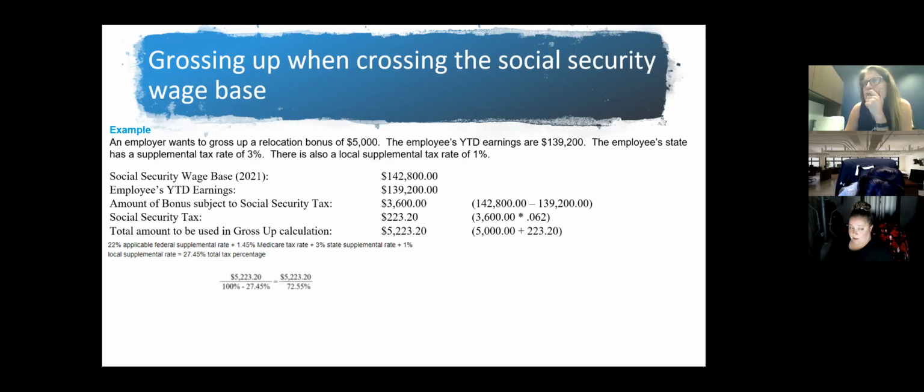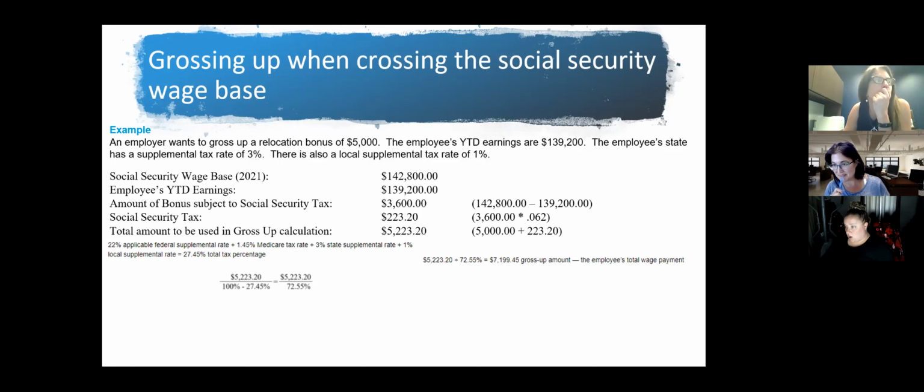So if we do that, $5,223.20 divided by 1 minus 0.2745, we get our answer of $7,199.45.